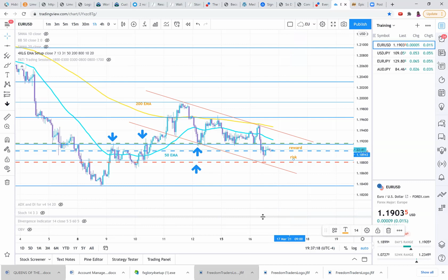At minimum, you want a 1-to-1 risk to reward. So the same amount of pips that you're going for, you want that to be your risk. Even better is to have a bigger reward and a smaller risk. But at minimum, you kind of want a 1-to-1, and this risk is a lot bigger, almost twice as much as your reward. So that's another reason to visually say, I don't think I want to take a trade from this area.